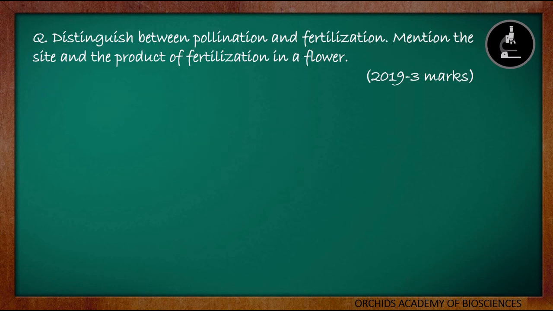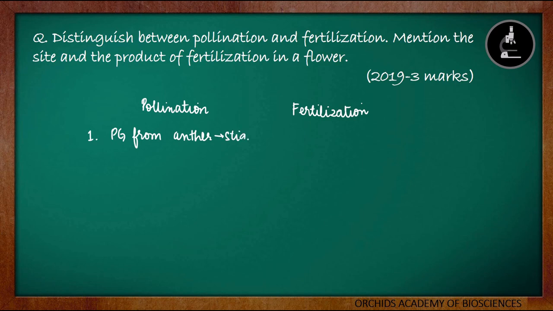Distinguish between pollination and fertilization. We can differentiate between pollination and fertilization. Pollination is the process of transfer of pollen grain from anther to the stigma, whereas fertilization is the fusion of male and female gametes.